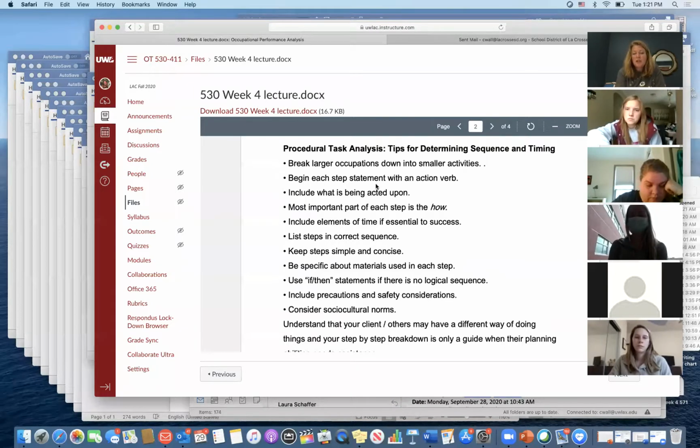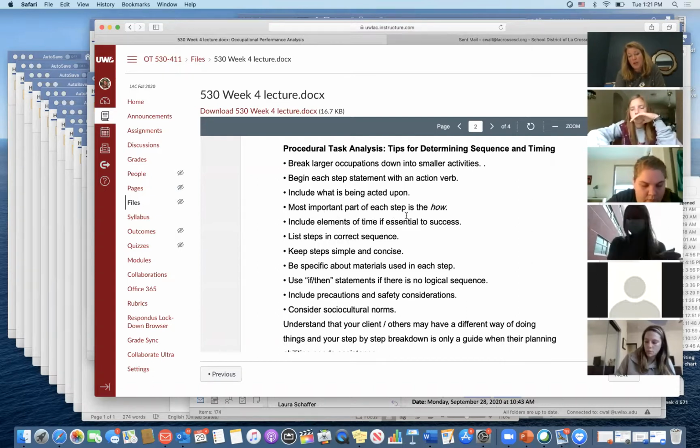So it recommends to start with an action verb, which I know you all know what that looks like, and what is being acted on. We're going to go through some examples of these. You're going to decide how important each step is. The how part of each step is what's most important, like if you need to do something carefully or quickly or slowly.